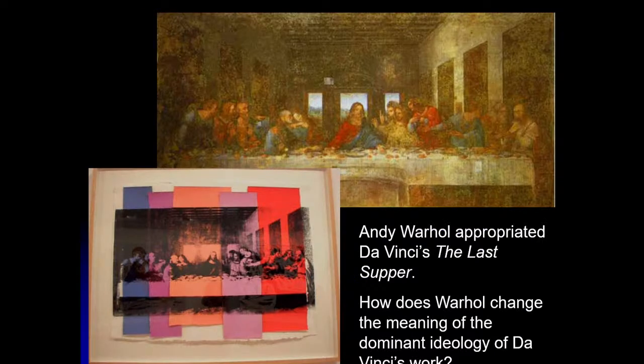Now, Andy Warhol appropriated Da Vinci's The Last Supper, the very famous painting of Leonardo da Vinci. What did Andy Warhol do? Andy Warhol was a pop artist, a painter who was famous for painting pop art. He took the idea, or the visual, of Da Vinci's Last Supper, one of the very famous paintings, and later he reproduced the painting in his own pop style.